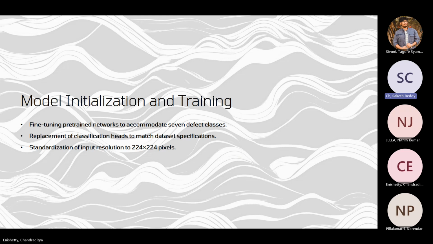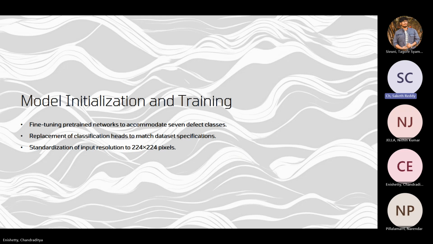Here we have fine-tuned the pre-trained models by adapting their classification heads to recognize 7 defect classes. Training was carried out on a GPU-accelerated platform using TensorFlow and PyTorch.